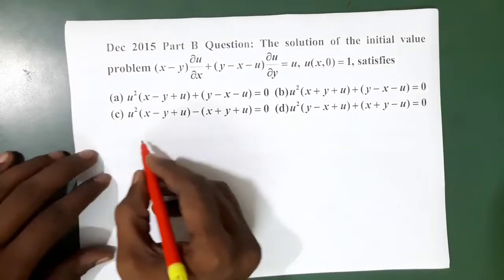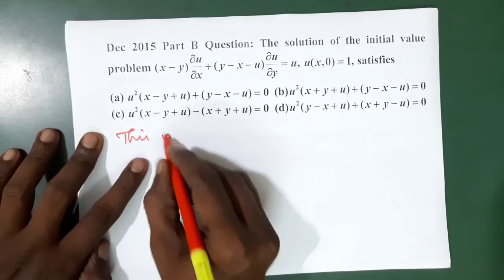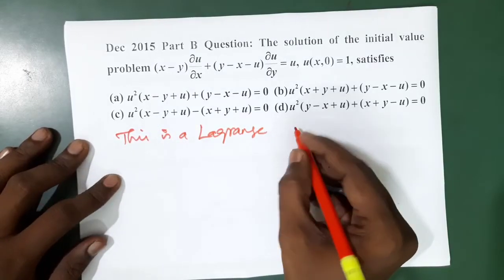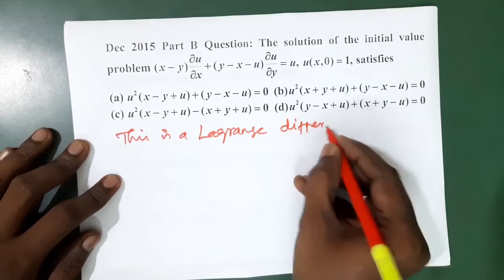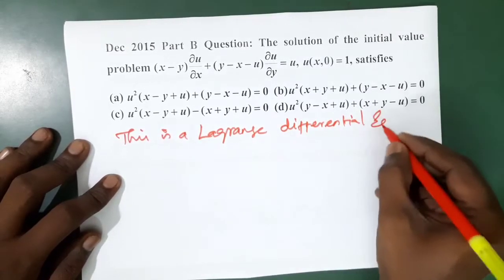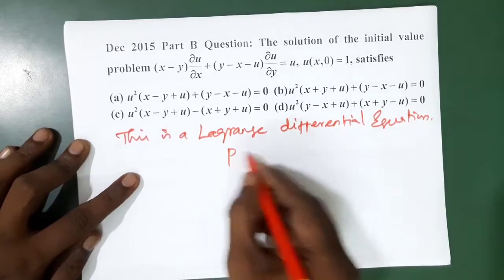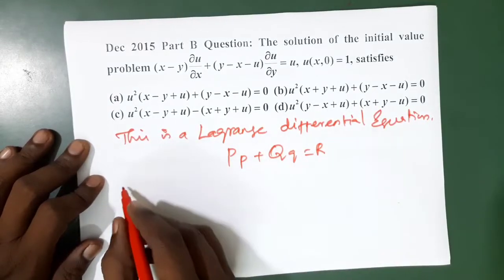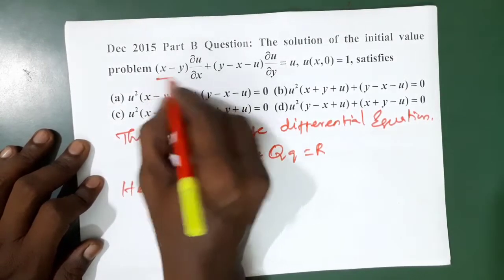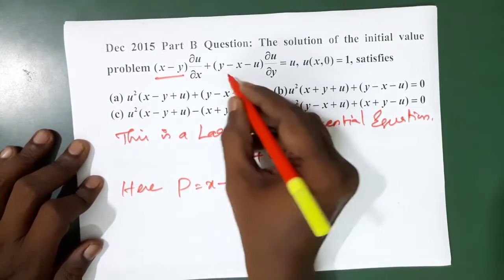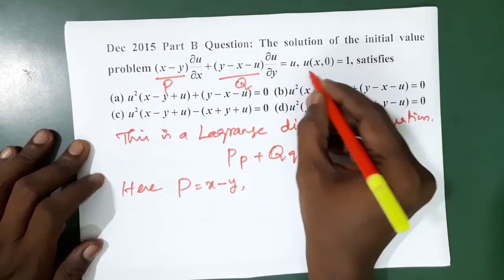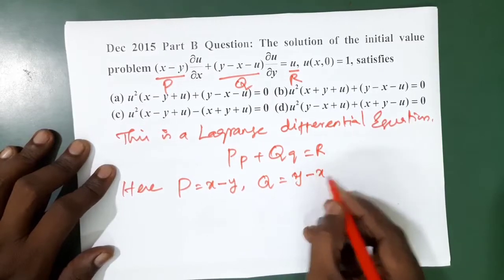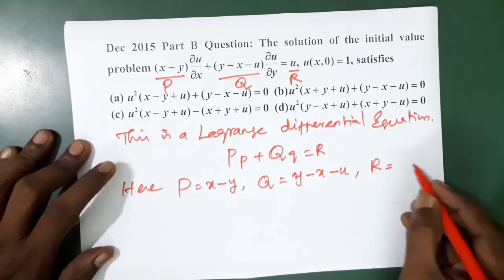So this is a Lagrange linear differential equation of the form Pp plus Qq is equal to R. Here, capital P is x minus y, capital Q is y minus x minus u, and R is equal to u.